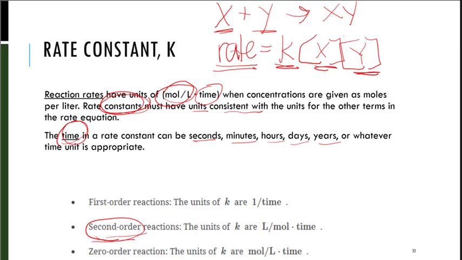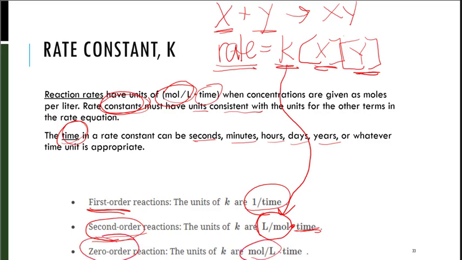So if I had a second order reaction, my K constant would be liters over moles, and then the time, whatever the reaction was measured in: seconds, minutes, hours, days. If I had a first order reaction, my units of K would be 1 over seconds, or 1 over minutes, 1 over hours. If I had a zero order reaction, my K units would be moles per liter over time.